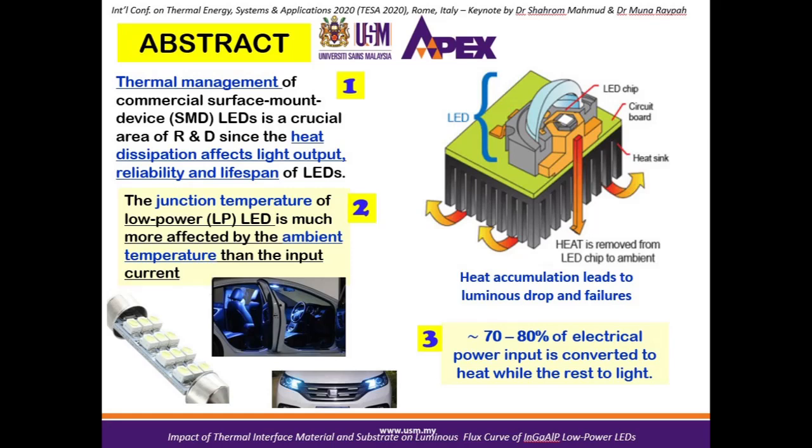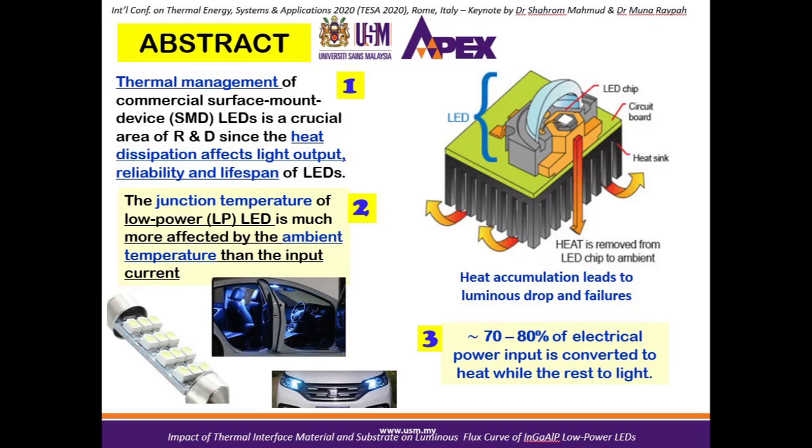The LED package is designed to provide a conduction path for heat to dissipate to the heat sink. Item 1. The heat dissipation behavior affects the light output of the LED, its reliability and lifespan.